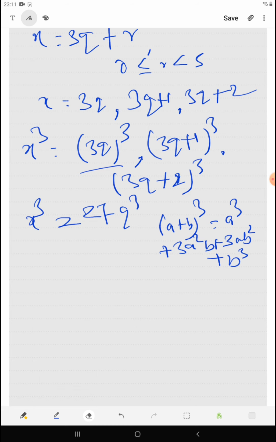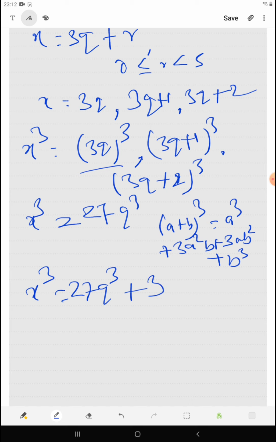So we can write the second thing: x cube equals 3q whole cube is 27q cube plus 3a square b.